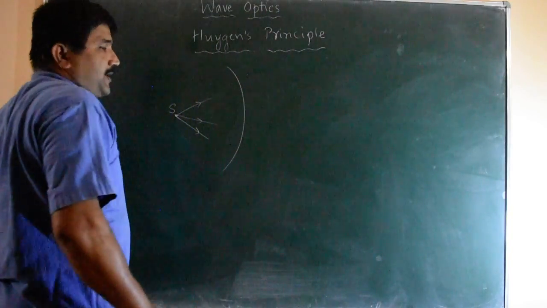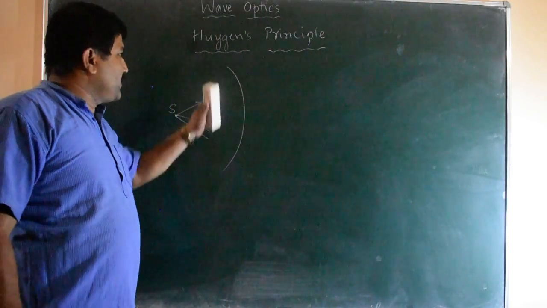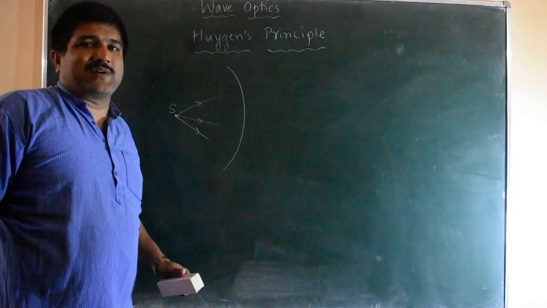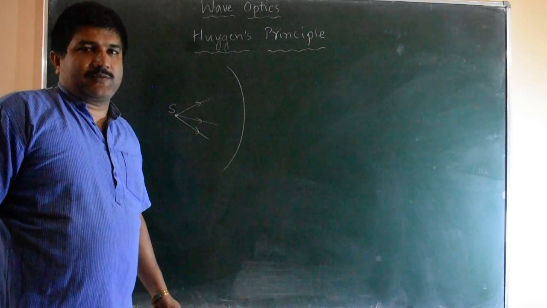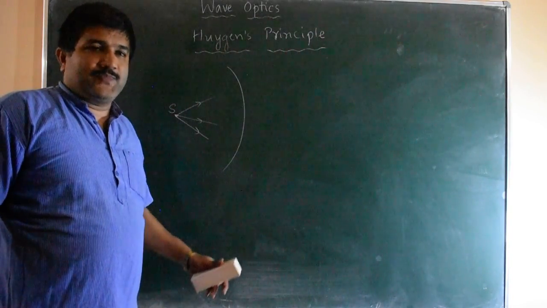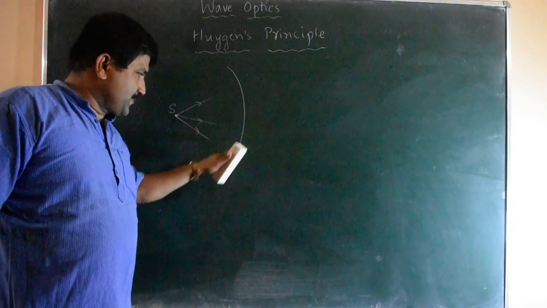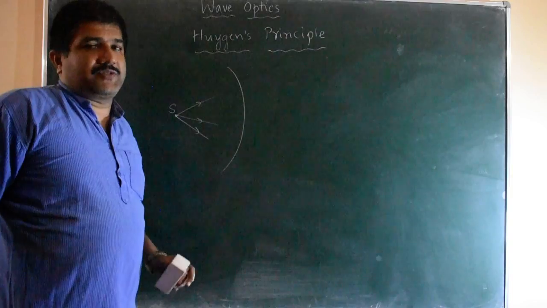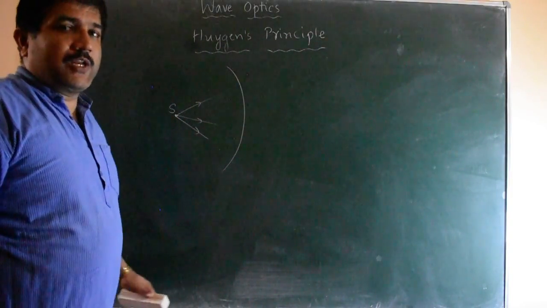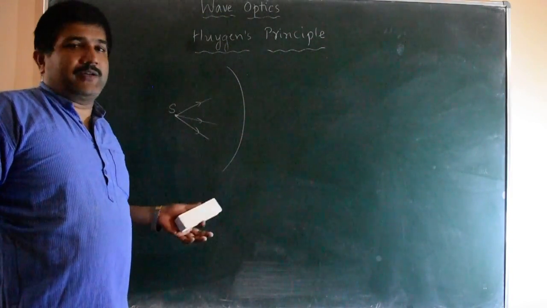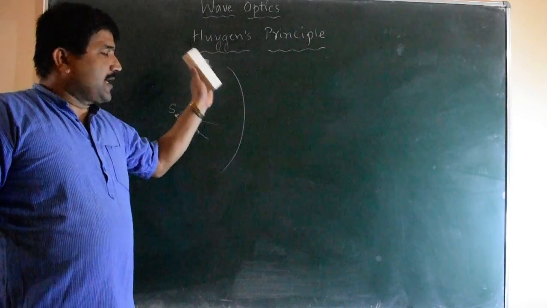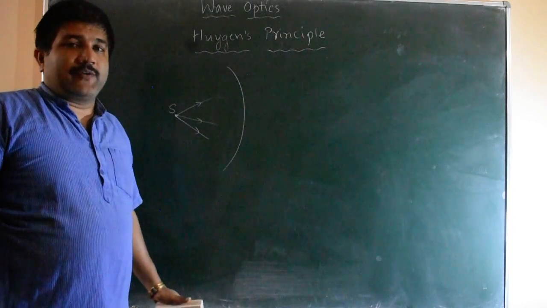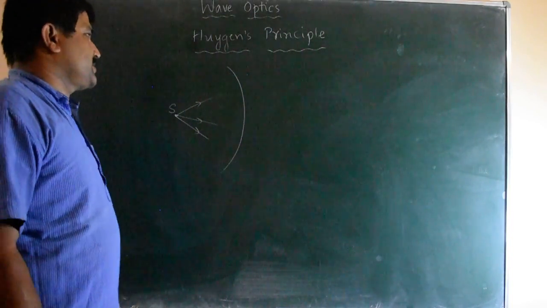Now, according to Huygens principle, every point on the wavefront is a source of secondary disturbance, and the secondary wavelets emitted from every point on this wavefront travel in all directions. The position of the new wavefront is obtained by drawing a tangential surface to the secondary wavelets or secondary disturbance.